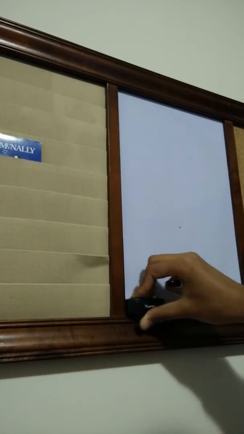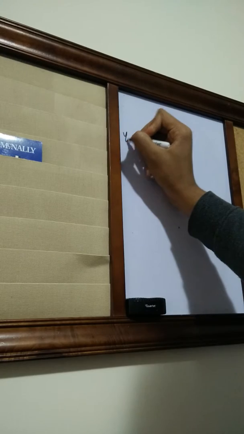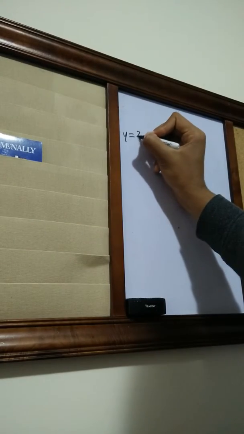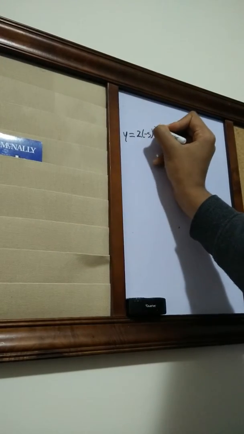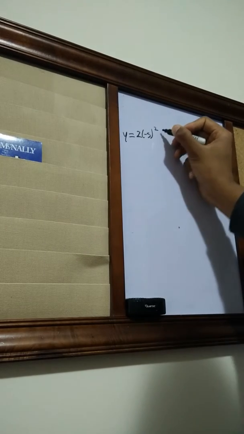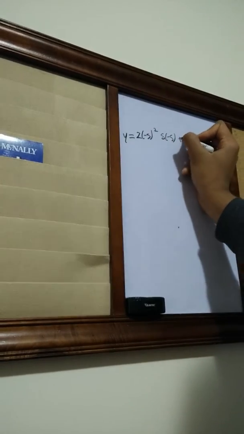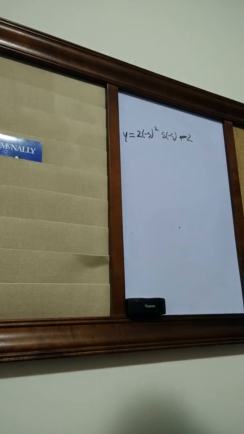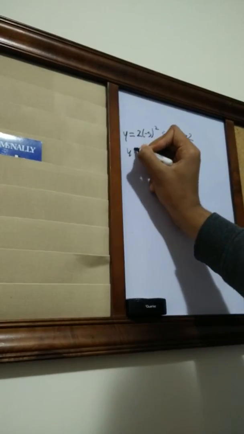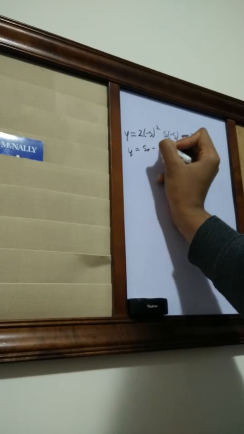And so now we can sub negative 5 into the original equation, which will be y equals 2 times negative 5 squared plus 5 times negative 5 subtract 2. And so then that becomes y equals 50 subtract 25 subtract 2.